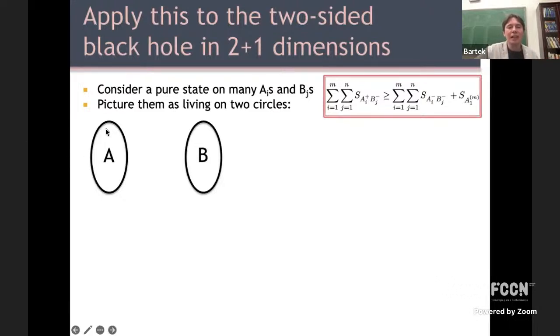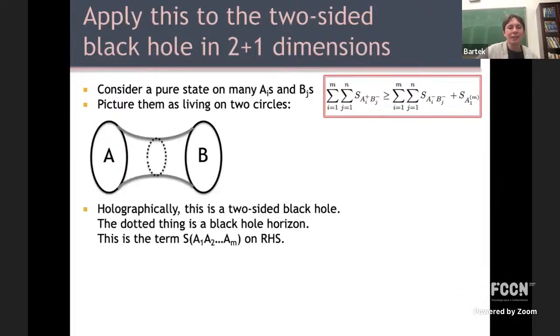So I consider an entangled state on two CFTs that live on two circles, and each circle is divided into regions A1, A2, A3, and A4, and so on, and B1, B2, B3, and so on. They're in some entangled state, and if they're holographic CFTs, then the entanglement forms a wormhole, and we are talking here about a two-sided black hole.